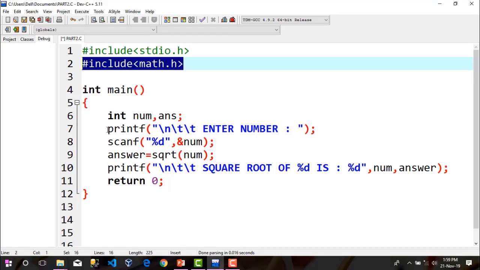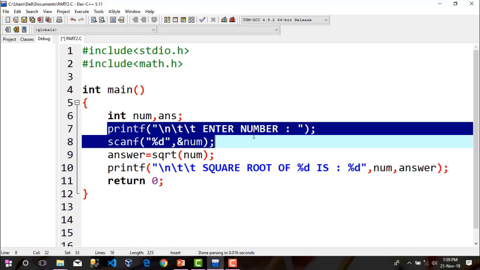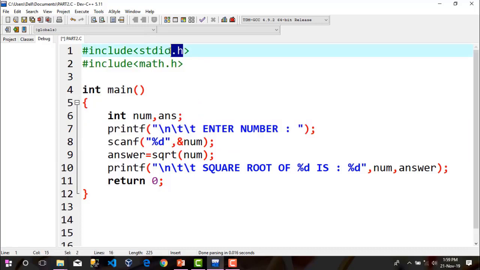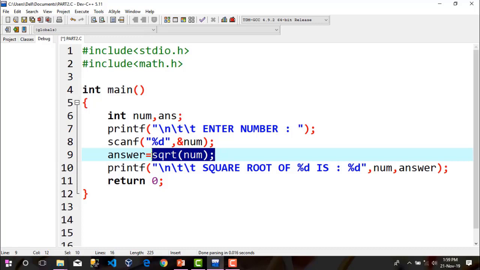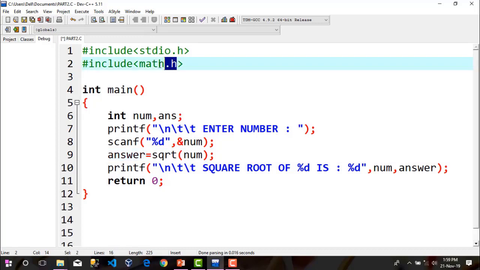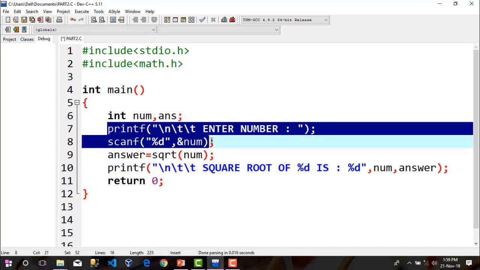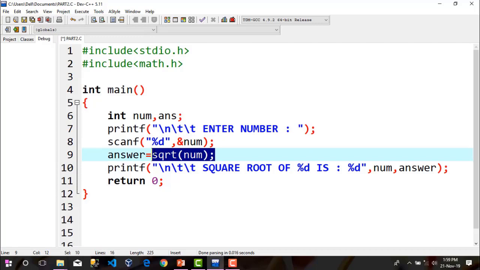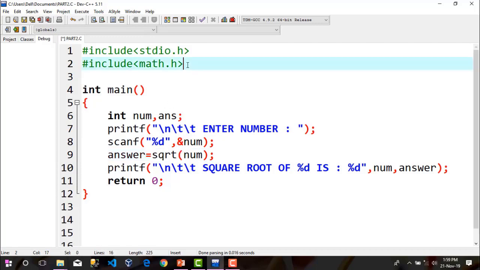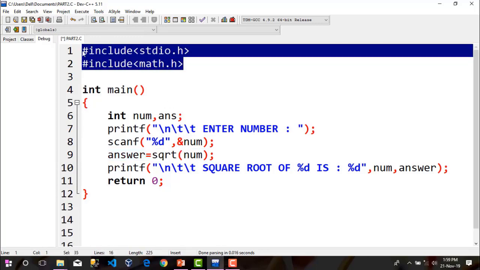The standard input and output functions like printf and scanf, whose code is written in the stdio.h file, and I also used one inbuilt function sqrt which calculates square root of given number, whose definition is written in math.h. So if we want to use the input output functions and inbuilt functions like sqrt, we have to include these header files at the top of the program.